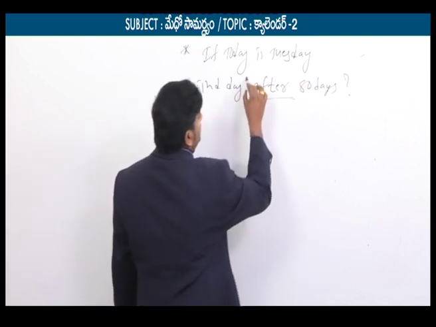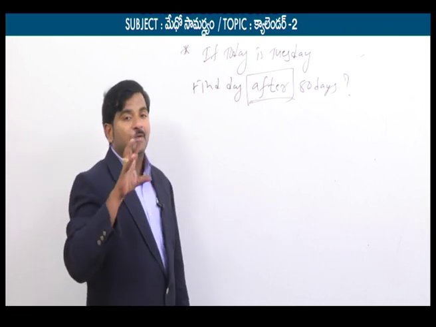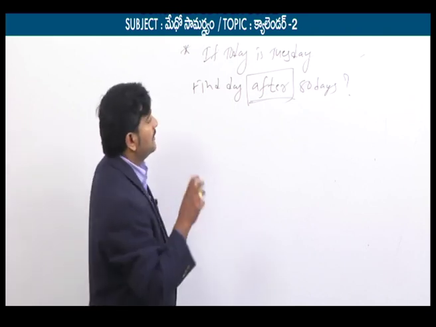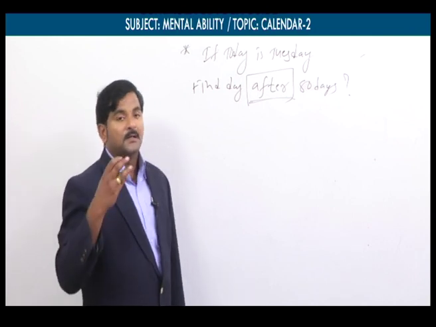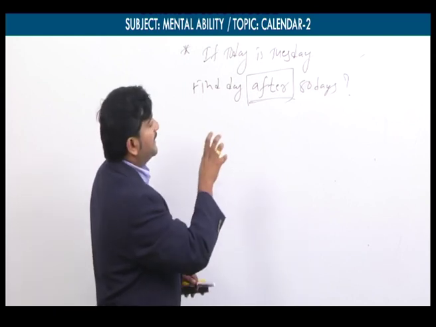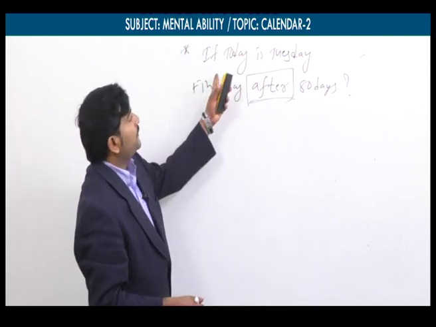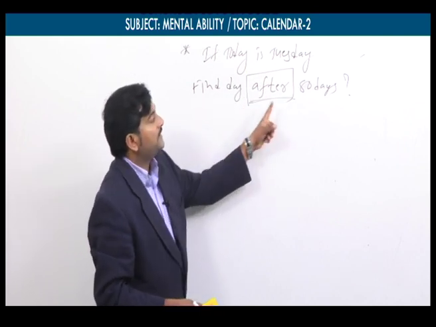Just focus on the word 'after', because in this model there are 3 types of questions we are going to look at. The first one is the after model, the second one is the ago model, the third one is the on-the-day model. If today is Tuesday, find the day after 80 days.